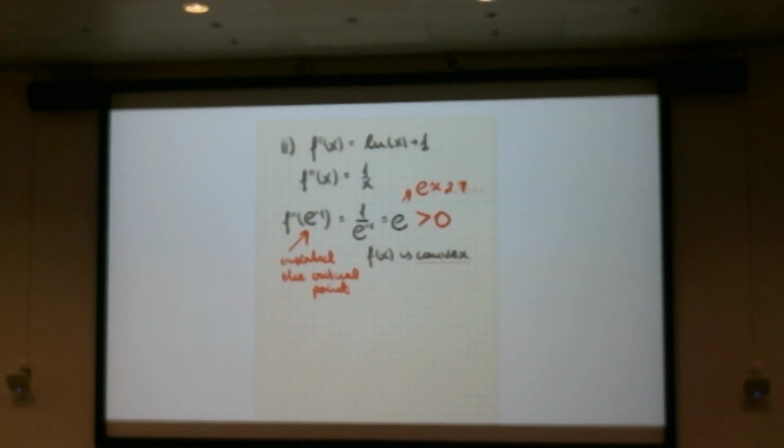Okay, so meaning that x equals e to the minus 1 is a location of local minimum. Local minimum.